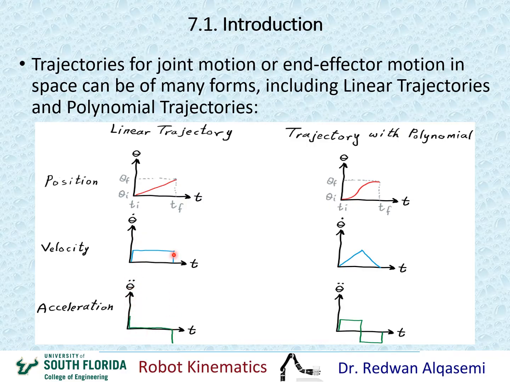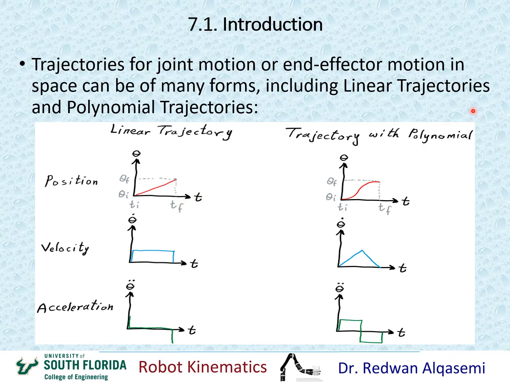And then when you want to stop, that velocity goes from whatever value down to 0 in no time. So that means you have infinite deceleration at this point. This is impossible to do because we don't have infinite torques in our motors if you're using this for physical systems. But in simulation, this is possible. So that's why we included it here. And that's widely used and commonly used in simulation.